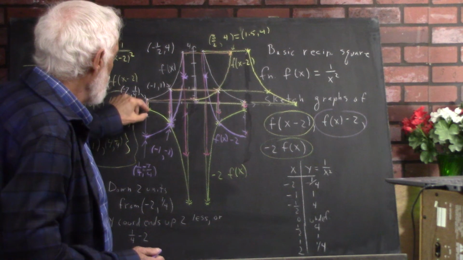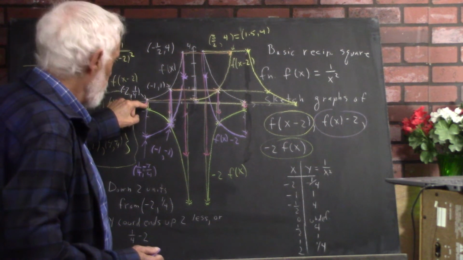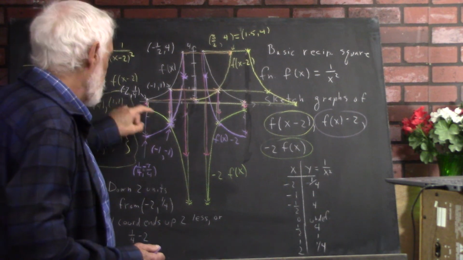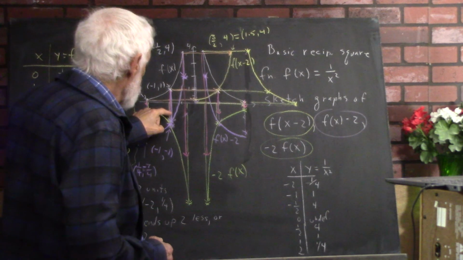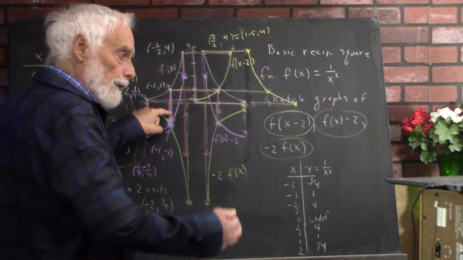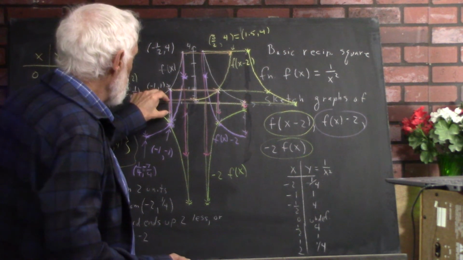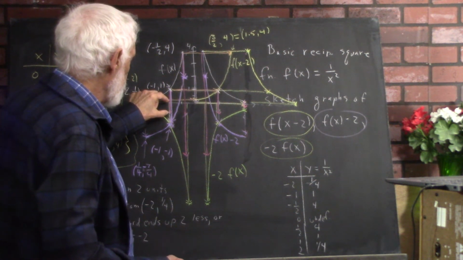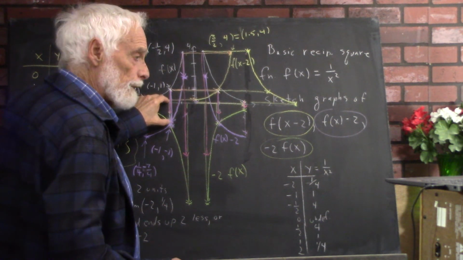So the head of this arrow is twice as far from the x-axis as the head of this arrow. So it goes here. We do the same thing with this point. The tip of the red arrow is a point on the graph of negative f of x. We take the distance to the x-axis, not the length of the red arrow, the distance to the x-axis, and we draw a green arrow twice that long, and there's our point.